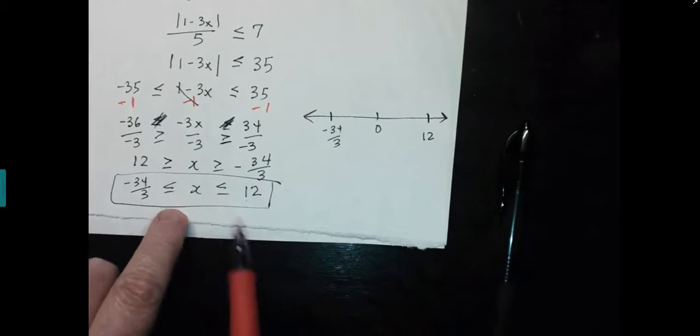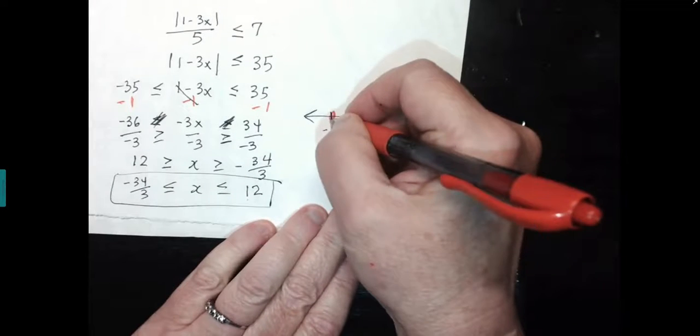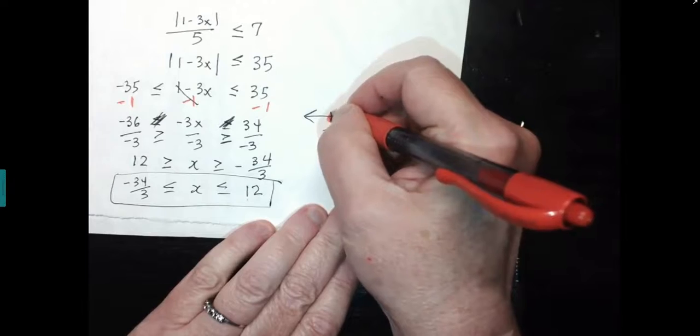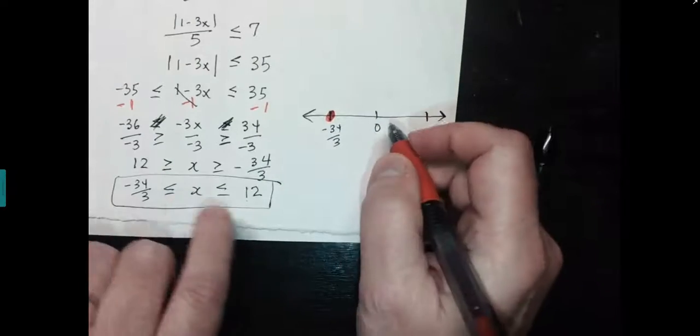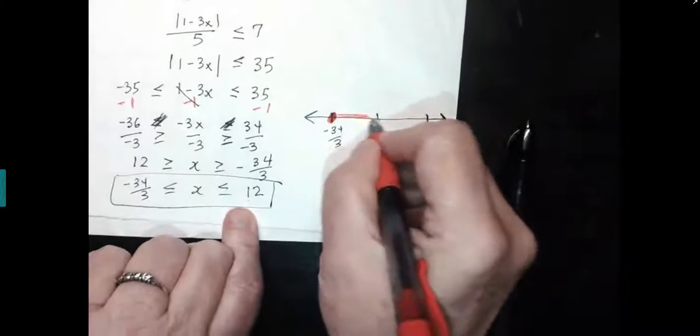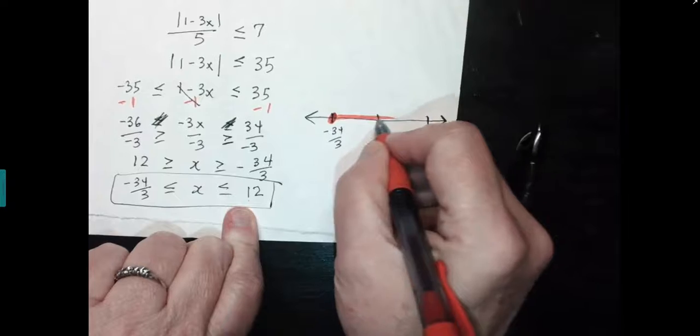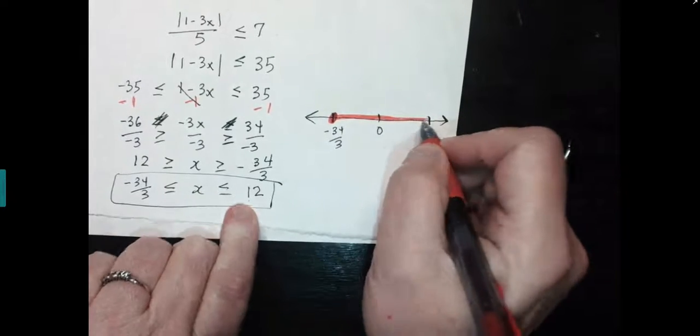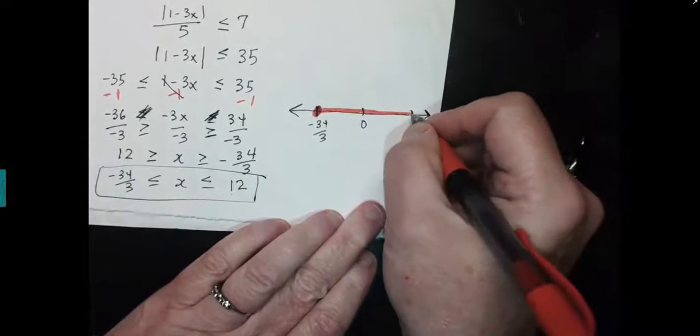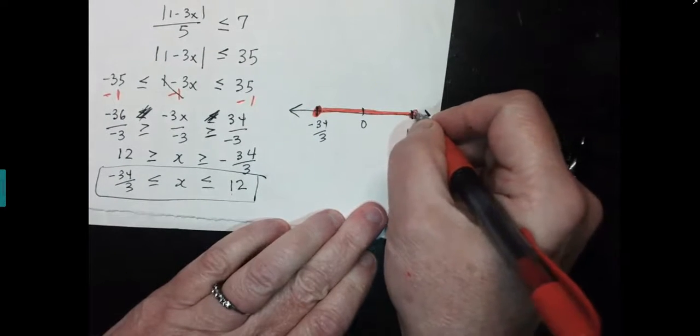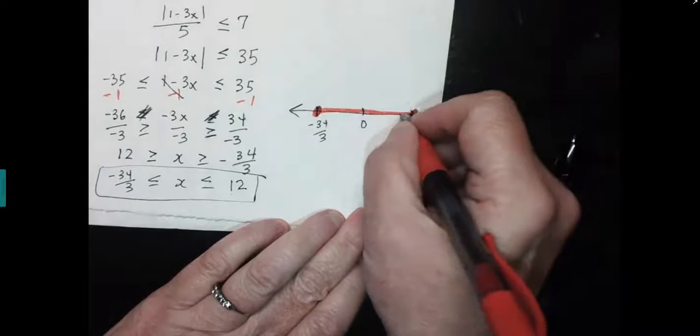Look at the symbol. So equality is there. So I'm going to start at and include negative 34/3, and I want everything up until I get to 12, and 12 is included. So my answer in number line form is what you see in red.